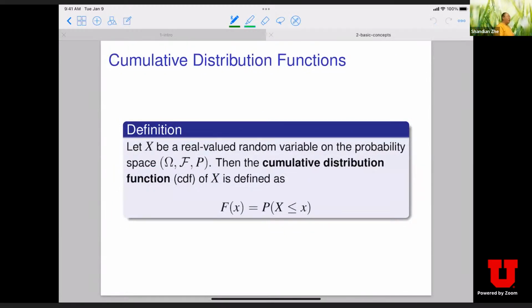If big X is a real-valued random variable on some probability space, then we define the cumulative distribution function of X as the probability measured on a specific range of the random variable value, that is, big X smaller than small x. Because if we take this range, your corresponding event is decided by this small x as well, the probability measurement on that event will depend on x. That's why we can view this as a function of small x.